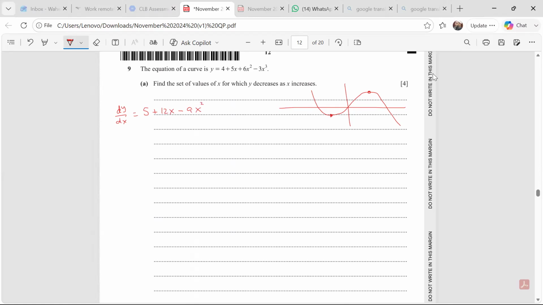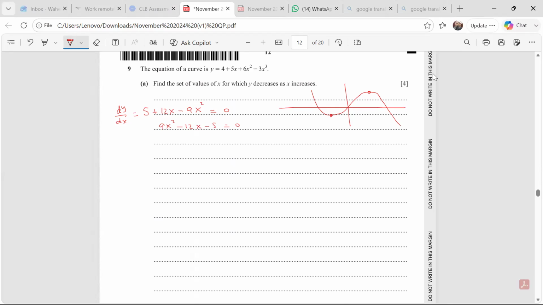Now let me find the roots of this equation, so that I know where it is 0. I put it equal to 0, and if I multiply by negative, it becomes 9x squared minus 12x minus 5 equals 0.